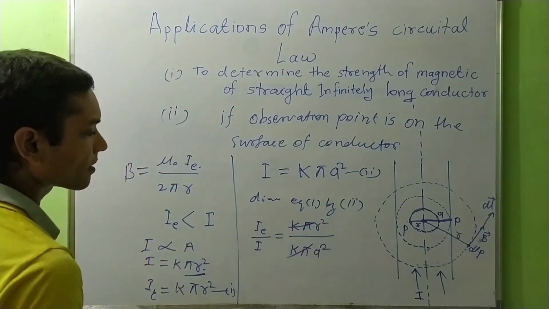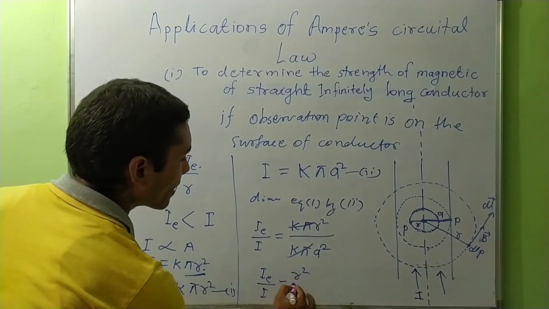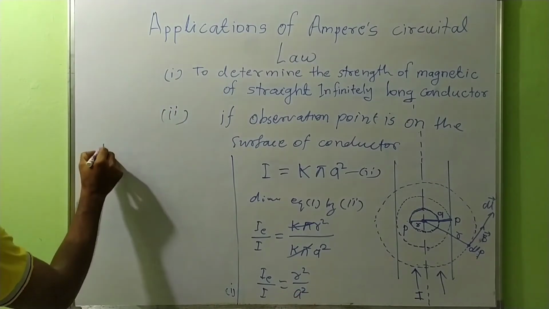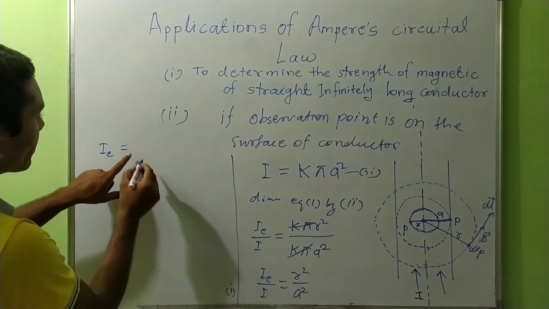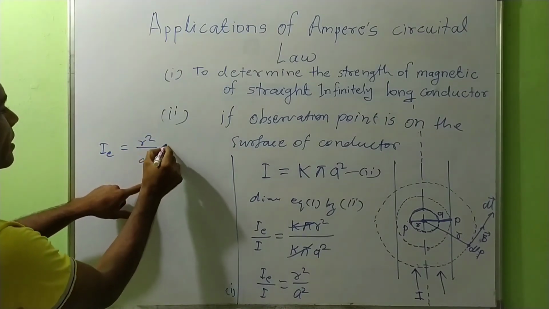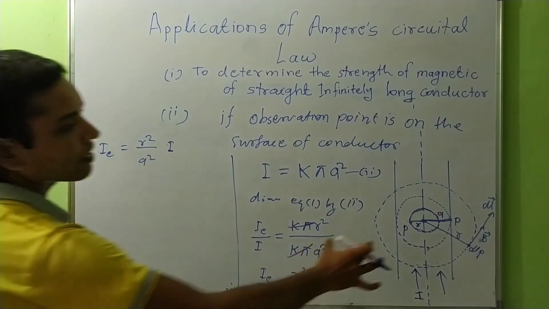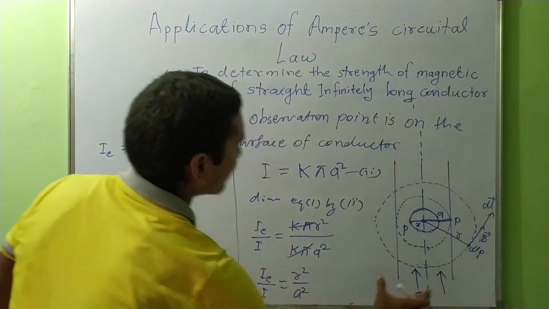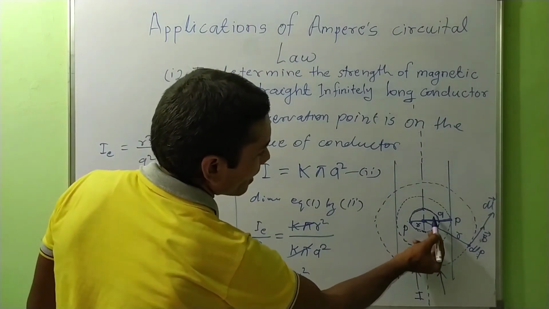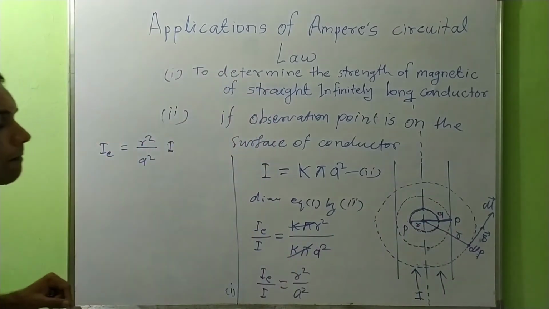Pi and K cancel. Here I_E upon I will be r square upon a square, so I_E will be equal to r square upon a square into I, where I is the total current threading through this straight current carrying conductor and I_E is the current threading through this small cross-sectional area.